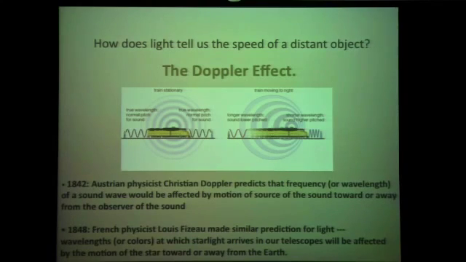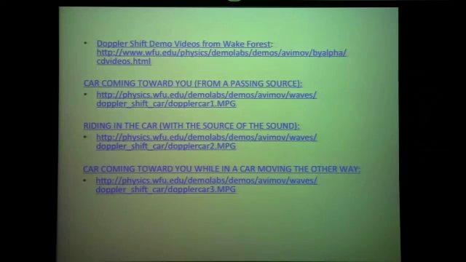And a few years later, the French physicist Louis Fizeau said that's going to happen to light too, because light is also a wave phenomenon. And if the source of the light is moving toward you or away from you, the light effectively will change color.